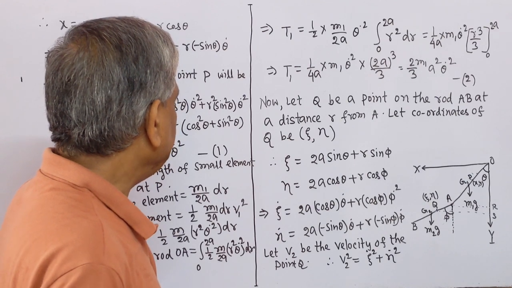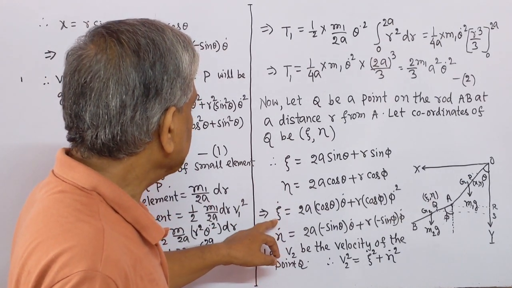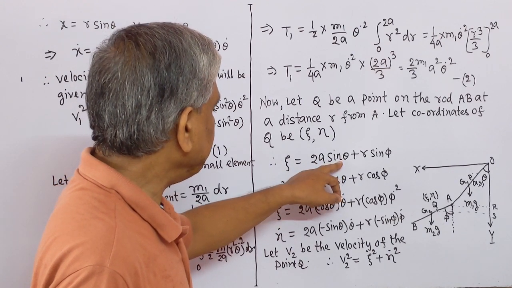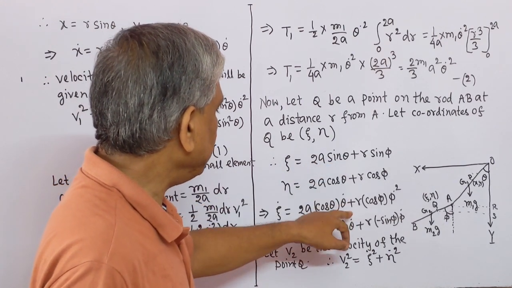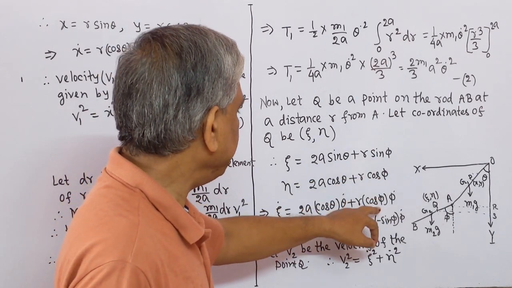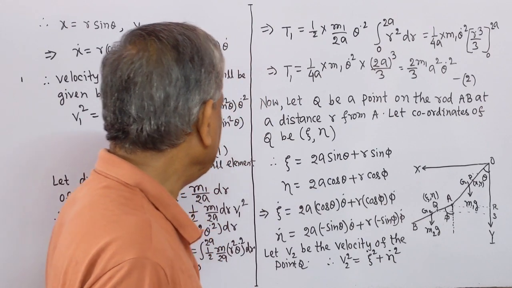Taking the derivative with respect to t, xi dot equals 2a cos theta theta dot plus r cos phi phi dot.